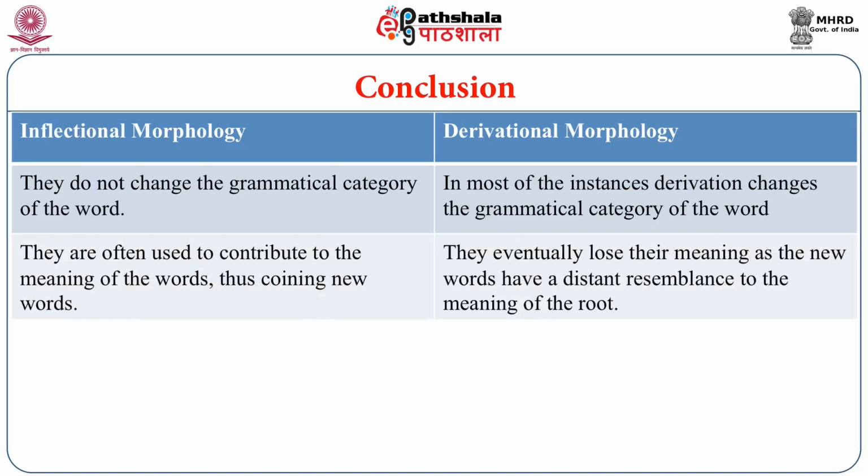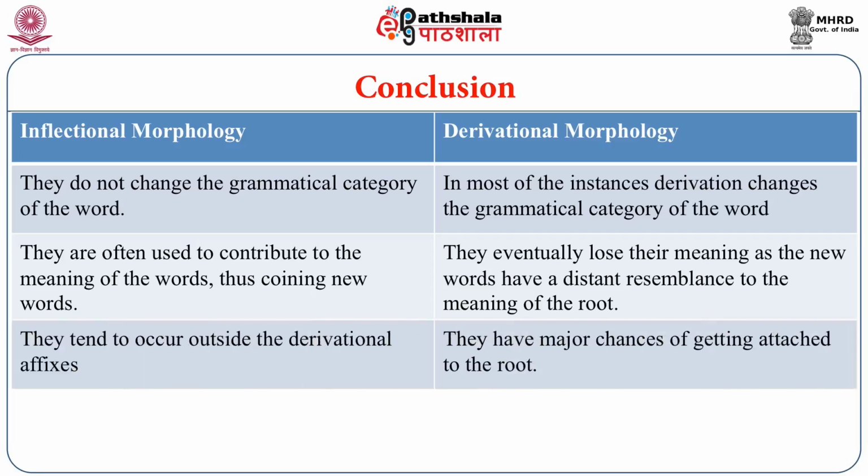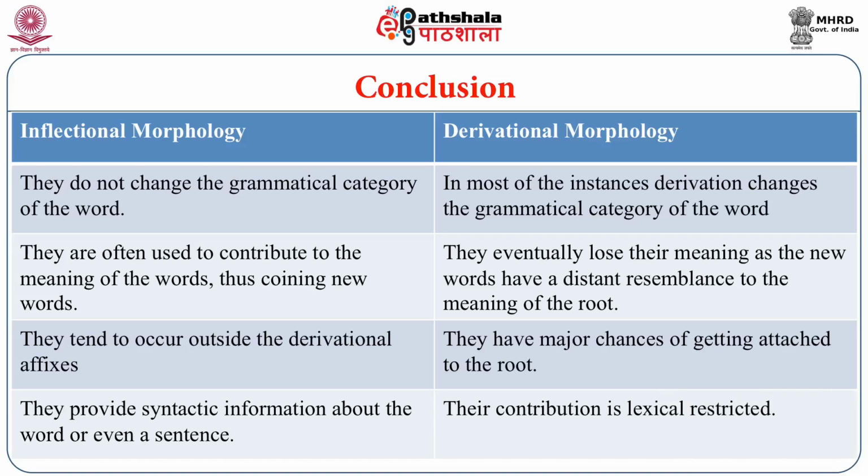Inflectional affixes are often used to contribute to the meaning of the word without coining new words, while derivational words eventually lose their meaning as the new words have a distant resemblance to the meaning of the root. Inflectional affixes tend to occur outside the derivational affixes, while derivational affixes have major chances of getting attached to the root. Inflectional affixes provide syntactic information about the word or even a sentence, and derivational affixes' contribution is lexically restricted.